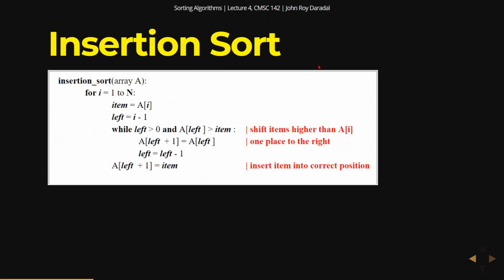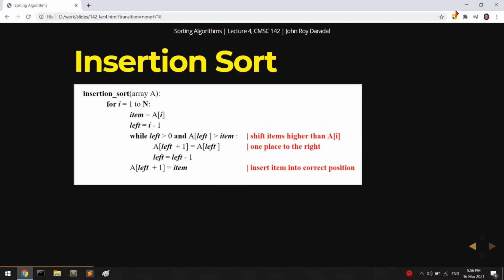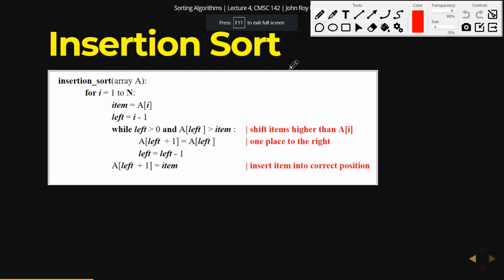Okay, so a more detailed version of the insertion sort pseudocode is given here. For i from 1 to n, your current item is a sub i, and then you go to the left, because you're assuming again that everything before a sub i is already sorted.